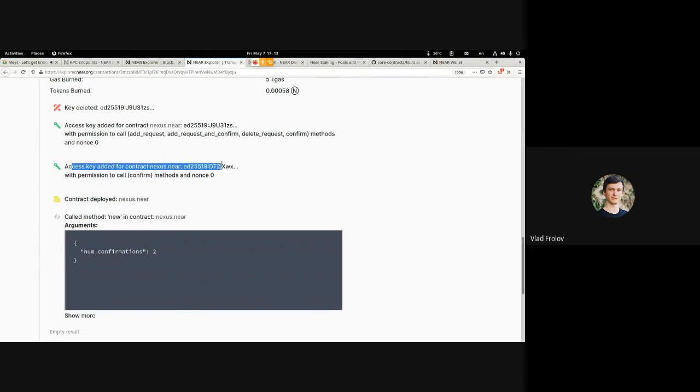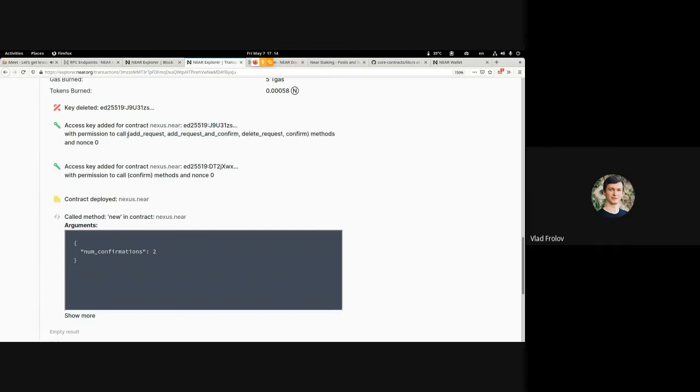This access key is allowed to call the confirm method, and that's all. This is the key that we removed. It used to be a full access key, but we replaced it with a limited permission function call key, which can do add request and confirm, delete request and confirm. It can call those 4 methods, and that's all it can do.